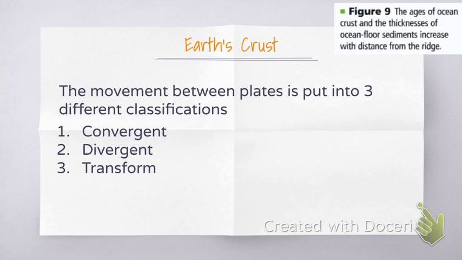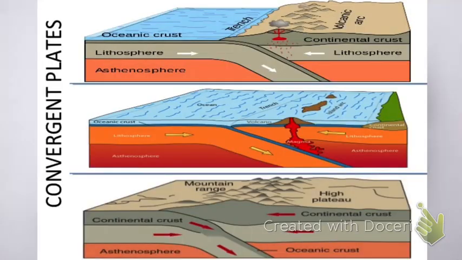Okay, the movement between plates is put into three different categories: convergent, divergent, and transform. Convergent plates, just like it sounds, these are two plates that are slamming into each other, as all of these models show here. This plate moving this way, this plate moving this way, slamming into each other, with the most dense crust being subducted under the other.